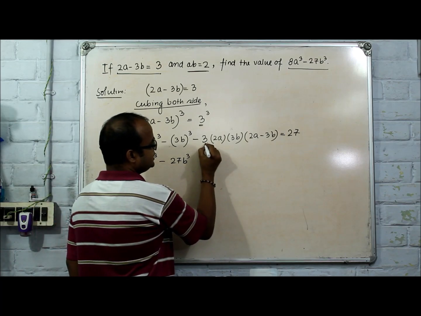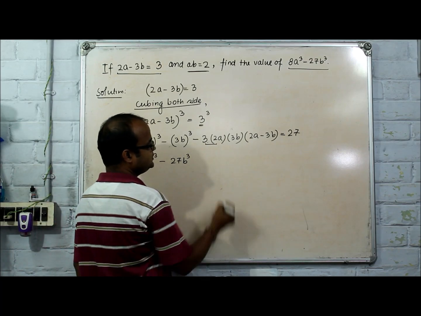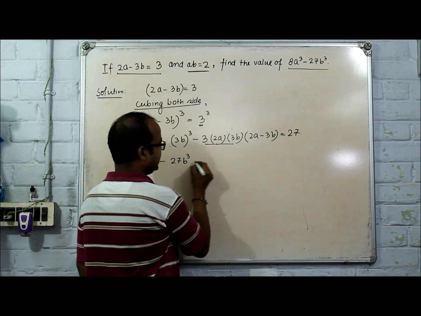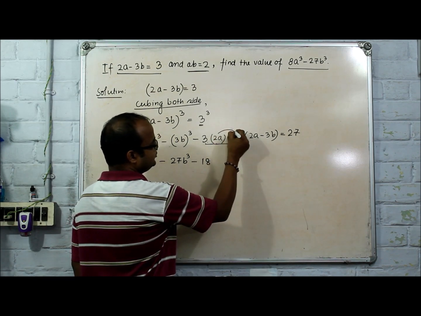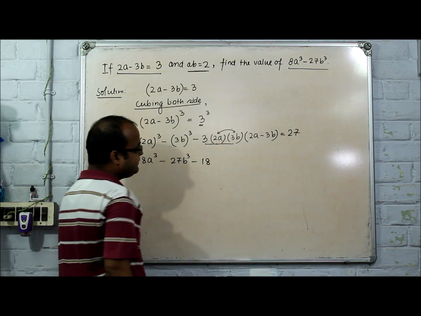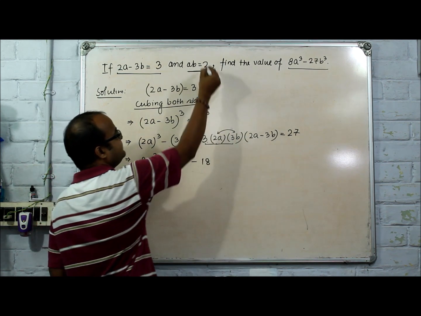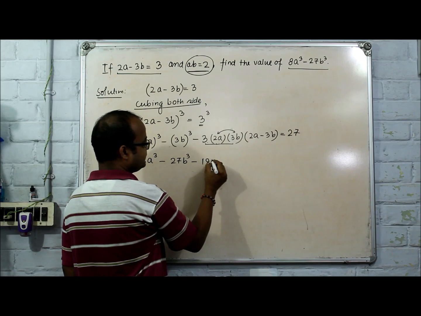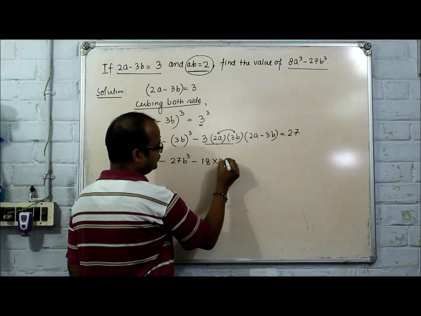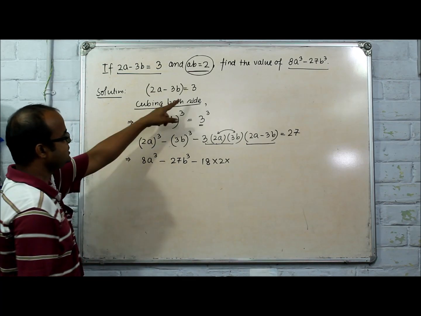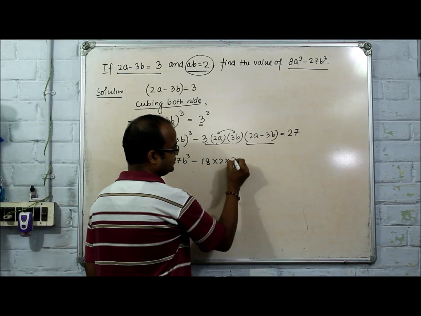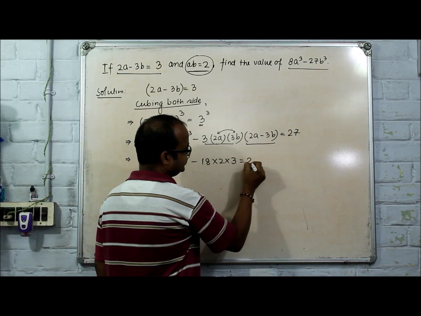Now, 3 twos are 6, 6 threes are 18. Then if you multiply these two, you will get ab, and the value of ab is given as 2. So we substitute 18 into 2, and the value of 2a minus 3b is equal to 3.